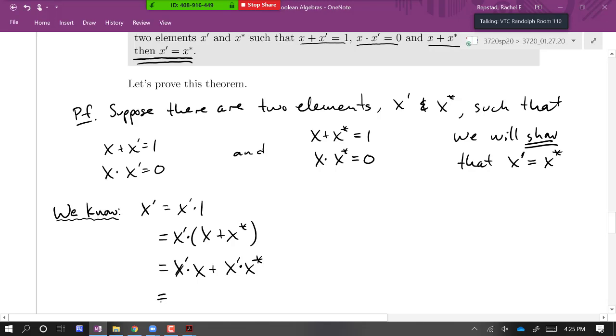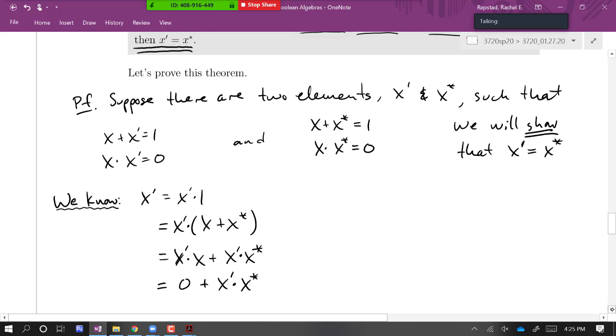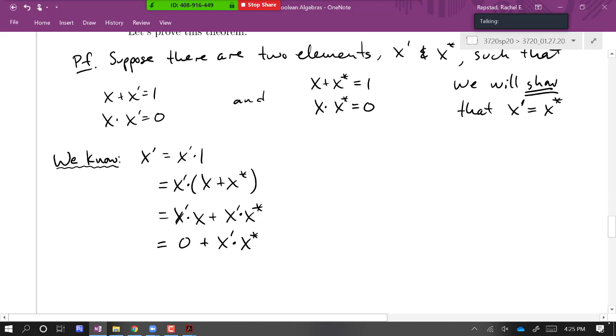It is 0, the 0 element by the complement law. And of course, if you add 0 to anything, you just get that thing right back because it's the identity. So we have x prime times x star. And this is all equal to what we started with on the left side of the equation, which was x prime.